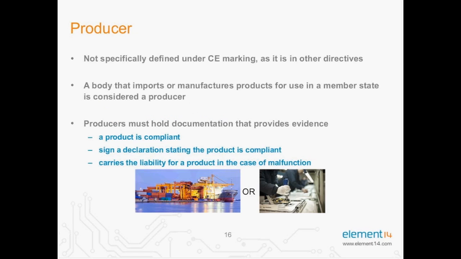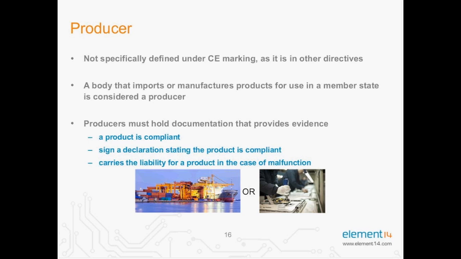A producer. This is a term that is not necessarily defined under the CE marking or the CE marking directives. However, it is a useful concept to use when understanding the obligation of different links in the supply chain. A body that imports or manufactures a product for use in a member state can be considered a producer.